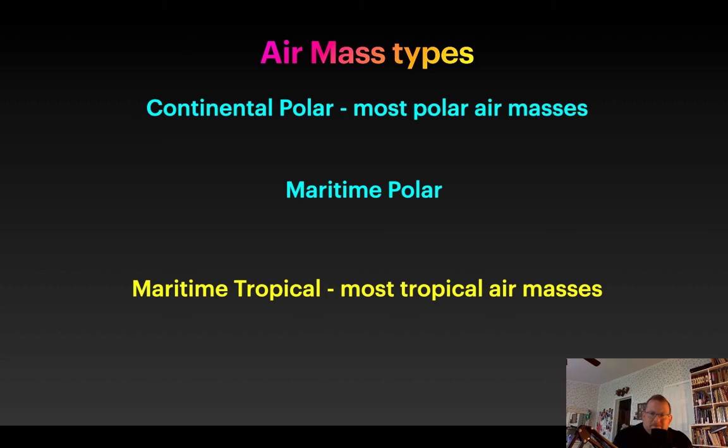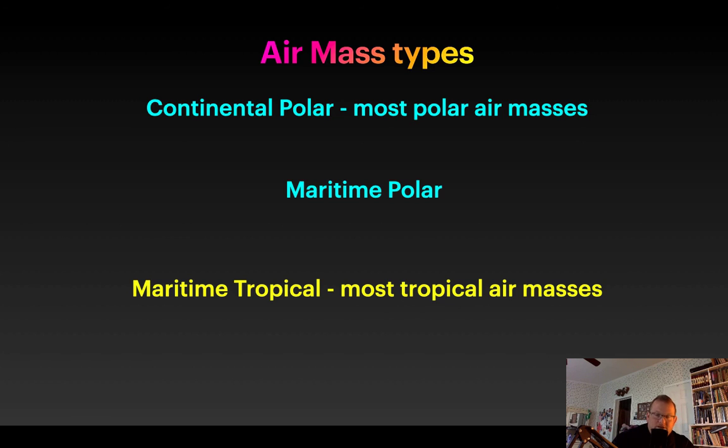Now, just the opposite of the polar, the tropical air masses, most tropical air masses are maritime. Okay, so what does that tell us about temperature and moisture? Okay, maritime forms where? Over the oceans, in the tropical areas. Good. Okay, so what's our moisture level like?